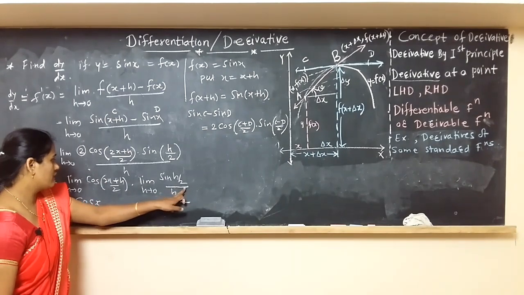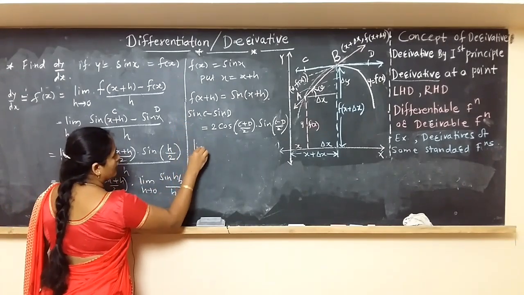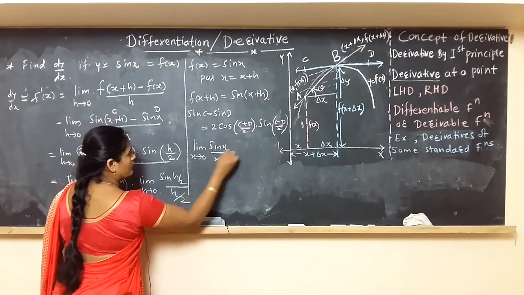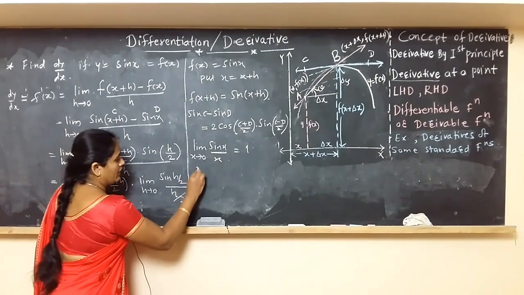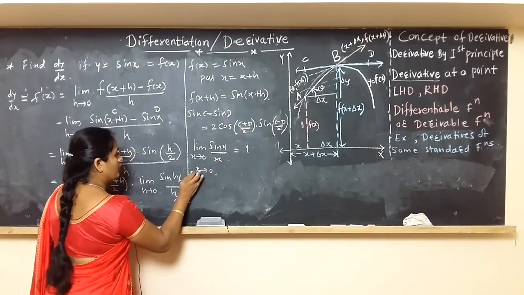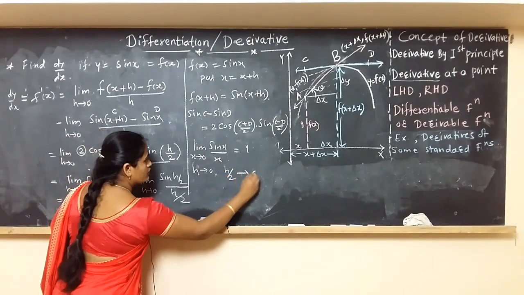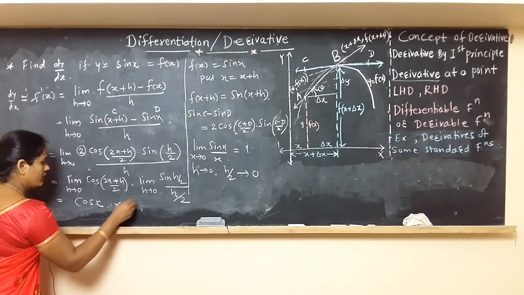And if we use the standard formula for limit, limit sin x upon x as x tends to 0 is equal to 1. So here as h tends to 0, h by 2 also tends to 0, so the value of this limit is 1.